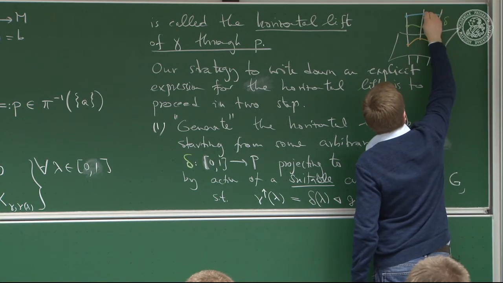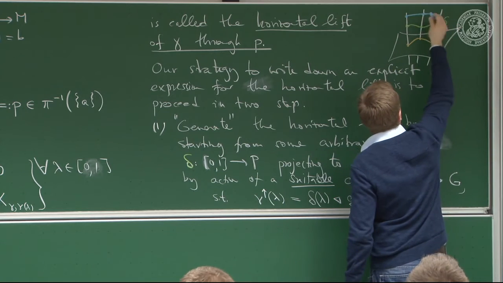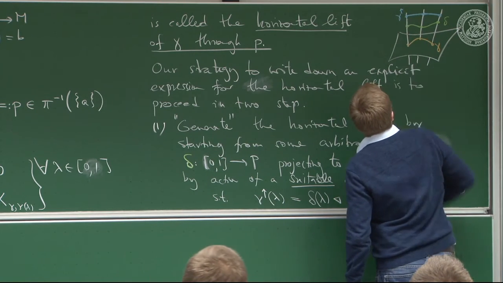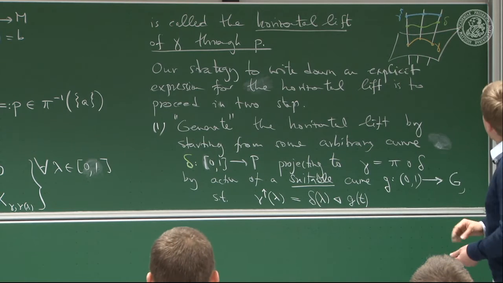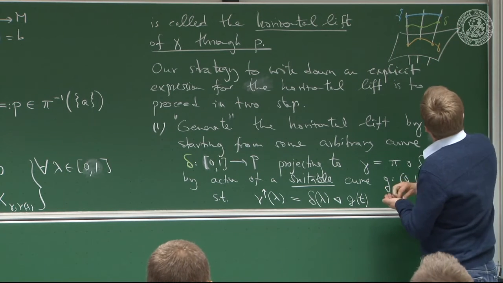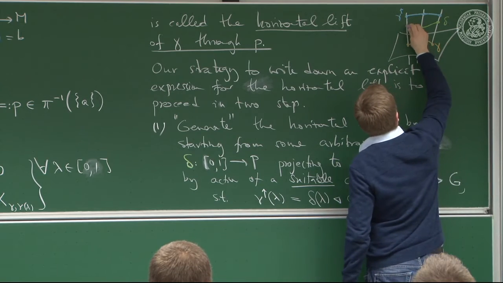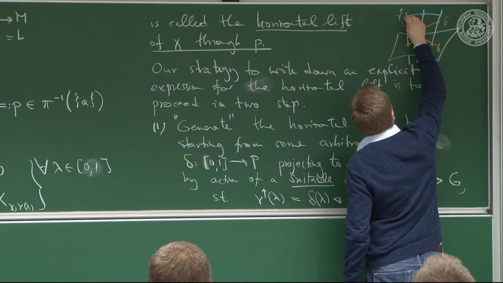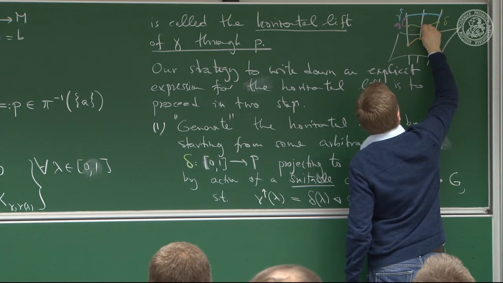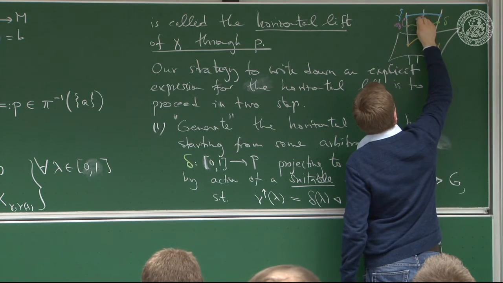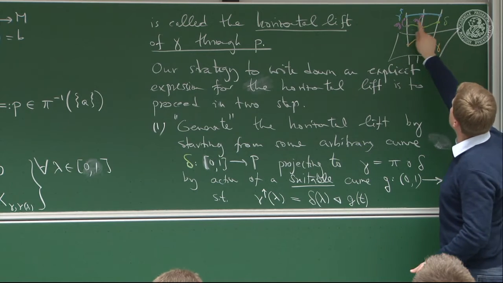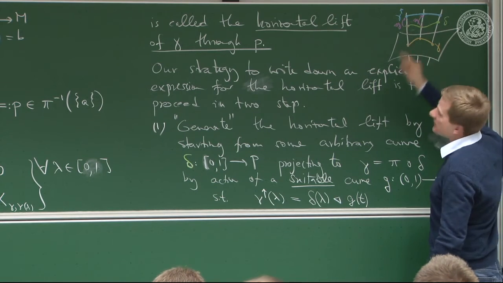And whatever the parallel transport, the horizontal lift of the curve gamma is, so this is the gamma up arrow, I would like to generate it by starting from this delta curve and finding at every point the suitable g, the suitable little g, that takes me from here up there. Okay, and that's of course then a curve g, because this g will change from point to point.